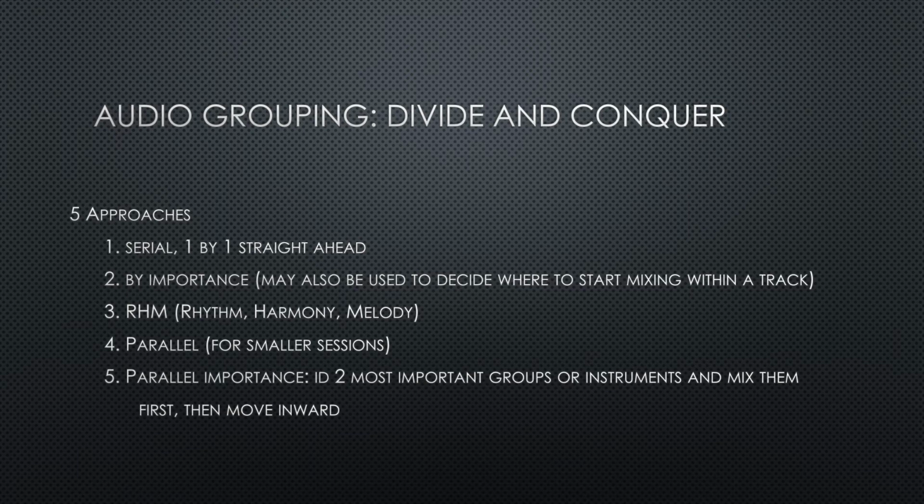Parallel importance. So number 5, if you identify the two most basic important groups or instruments and mix them first. And so for a popular music track that's got a full band in it, kind of the world I come from, doing roots music, early rock and roll or blues music, electric blues or even acoustic blues, taking the drum and the vocal as the two most important sort of reference points within the song, and setting those up first and then moving inward.